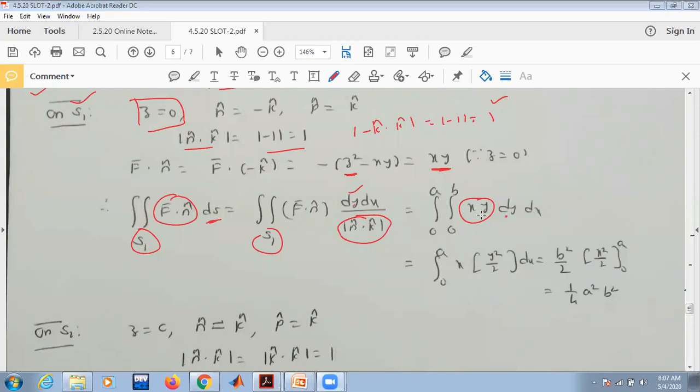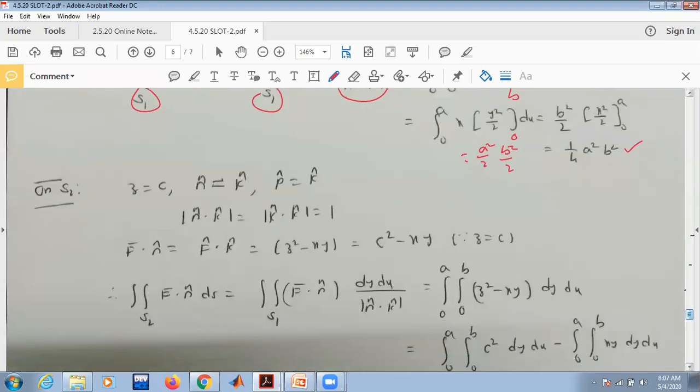Y integration is y square by 2 with the limits from 0 to b, so when you substitute the limits, it is going to be b square by 2. X integration is x square by 2 with the limits from 0 to a, means a square by 2. A square by 2 into b square by 2 is a square b square by 4. That is the integral on S1.